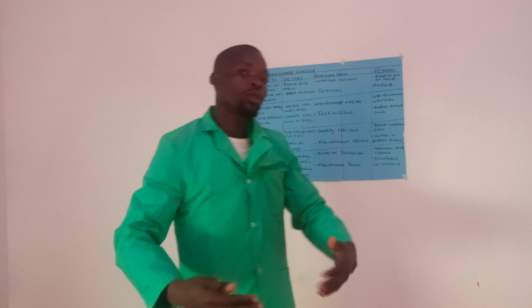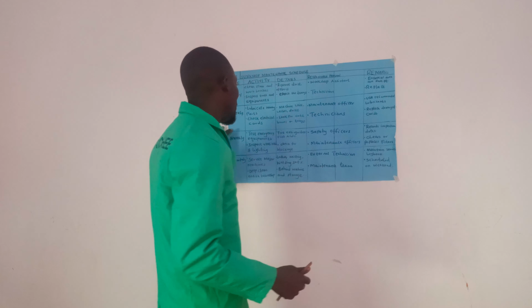Now, we have here inspecting ventilation and lighting. They are working, yes, but you have to come and look at which bulbs have a problem, then fix them, if there is any. Then, apart from that, you have the fire extinguishers and first aid. These are the details of whatever you are supposed to do. Safety officers and maintenance officers are the people who carry out these tasks, such as testing emergency equipment.